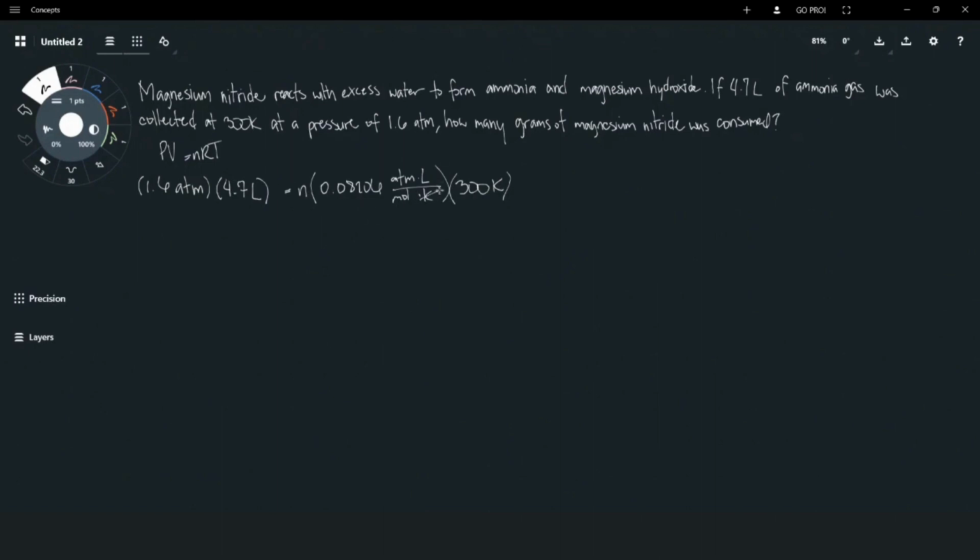So we can cancel these units, and you have 7.52 atmosphere liters equal to 24.618 atmosphere liters per mole times n.